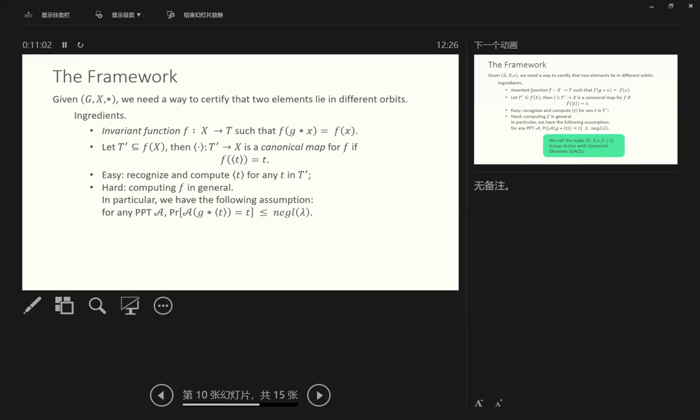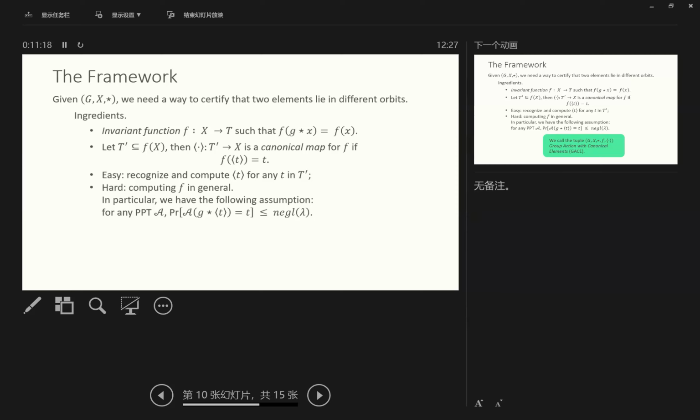Okay, we want that to recognize and compute the canonical map must be easy, but computing f must be hard in general. In particular, we have the following assumption.